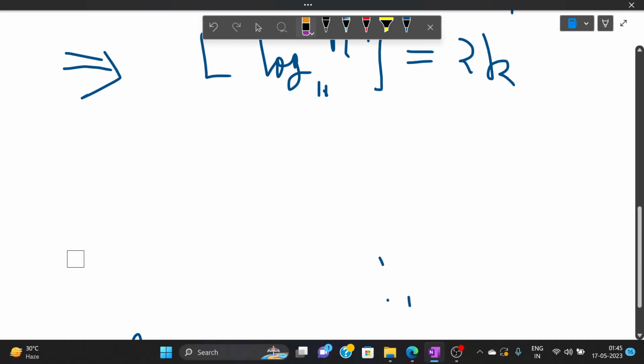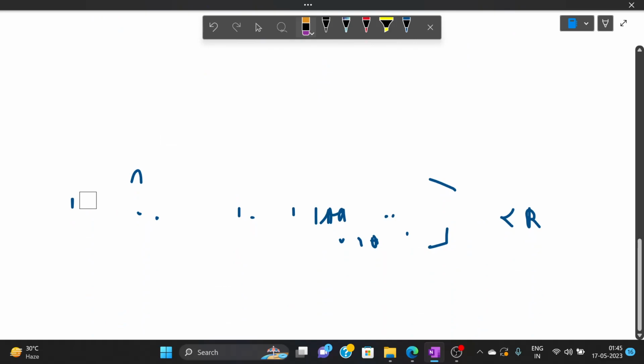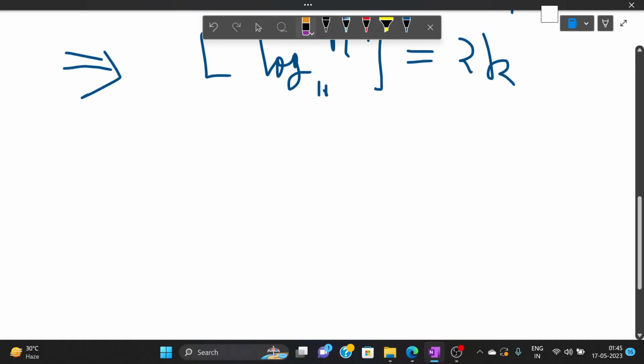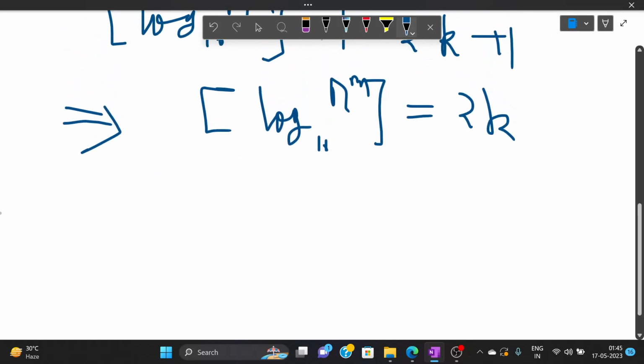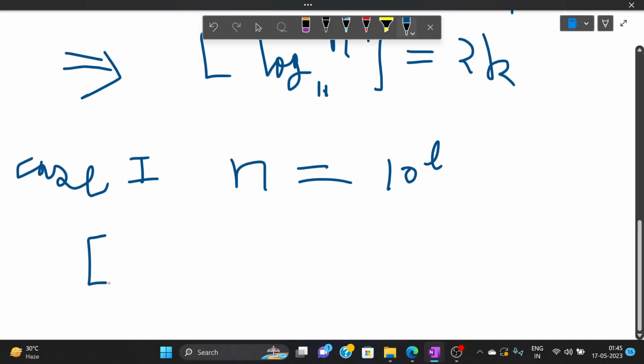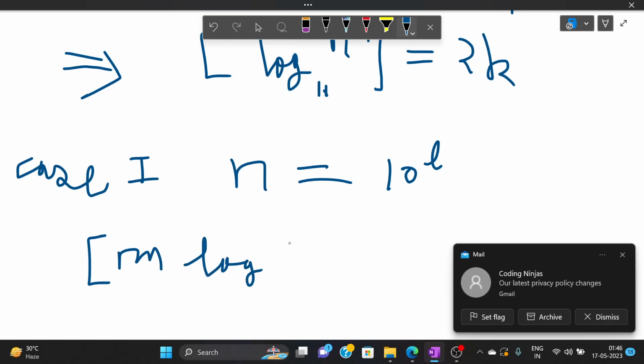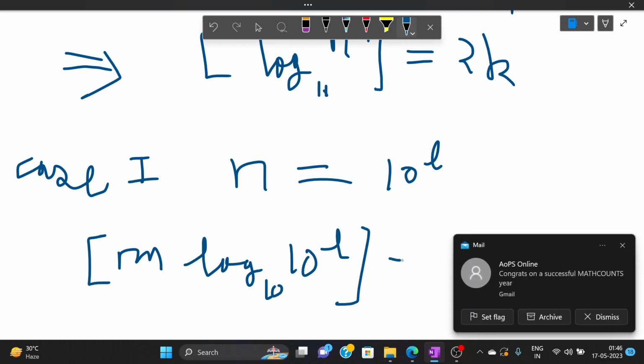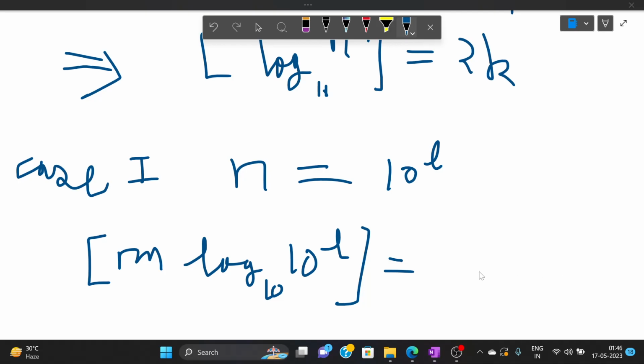Instead of multiplying a constant before, we will multiply it afterwards. Okay. Let me explain. First we take simply n as 10 to the power of L. So we get the greatest integer of m times log 10 to the power L base 10 should be an even number.